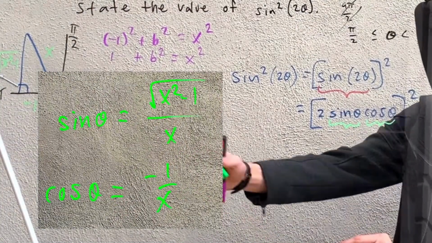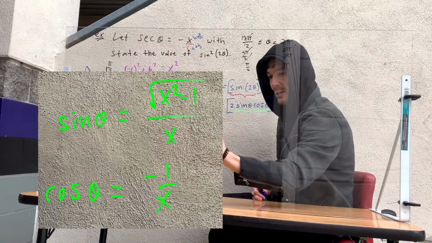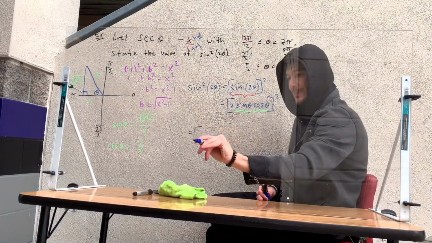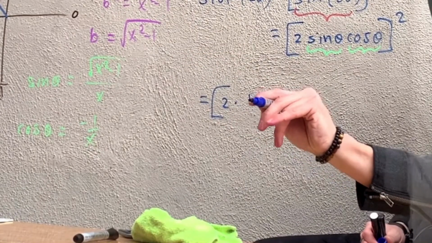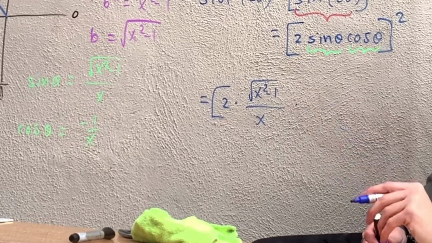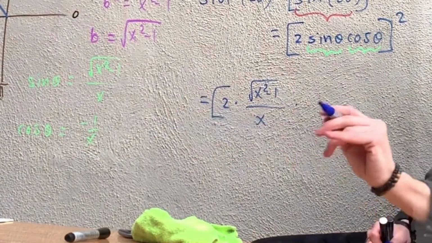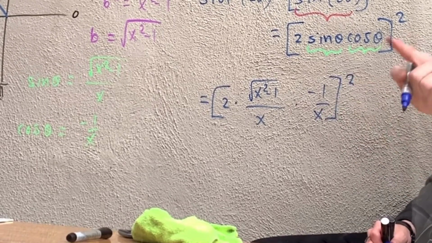So it seems as though we have the pieces that we need to come back over here. Just continue it over here. So I have a bracket, and then 2 is just 2. Sine of theta is square root x squared minus 1 over x times. Now what replaces cosine? Negative 1 over x. Bracketed, squared, that's the 2.